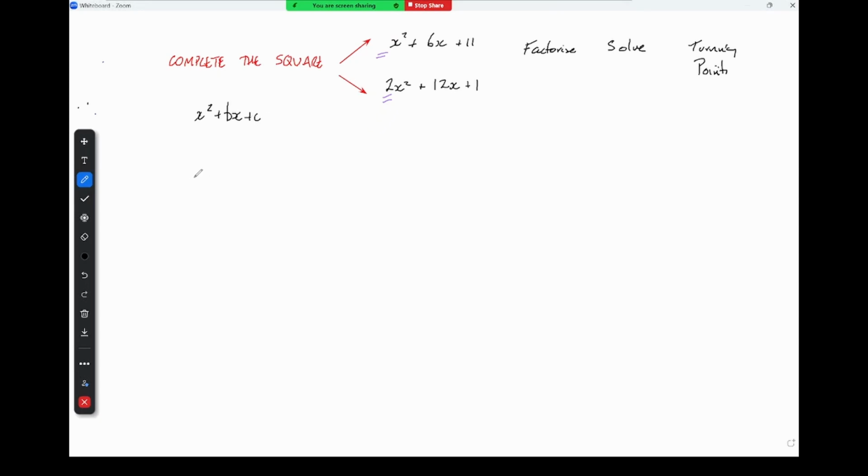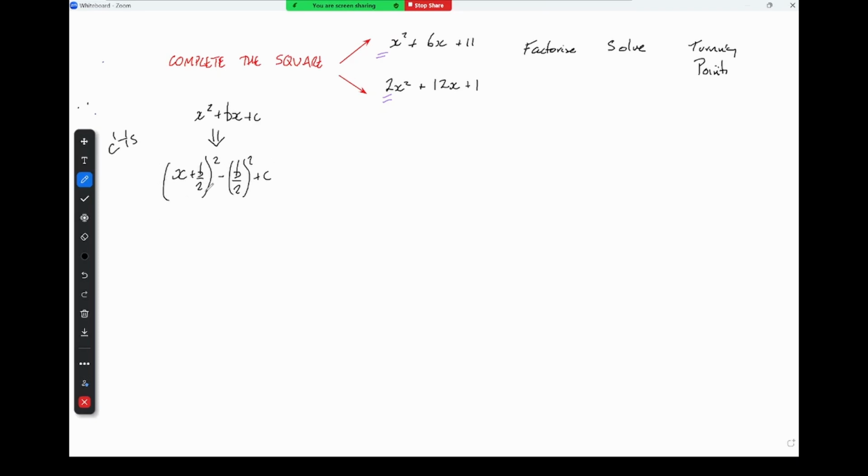Now what's great is that with completing the square I can write that directly into completed square format. So I complete the square, that's my abbreviation for it, to x plus b over 2 squared minus b over 2 squared plus c. Now I know that looks a bit fussy, don't worry about it, it's actually relatively easy.